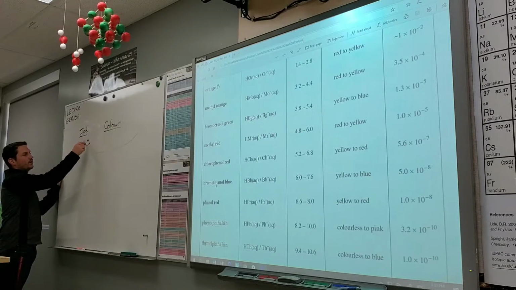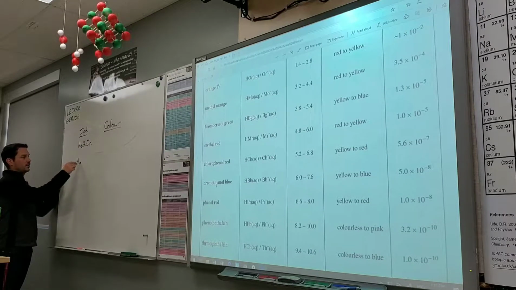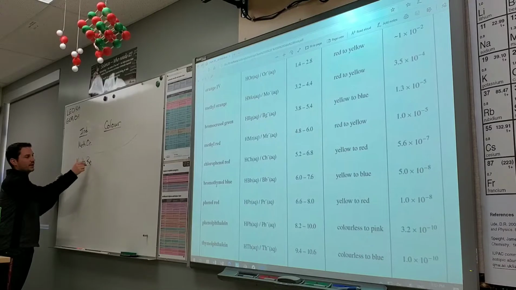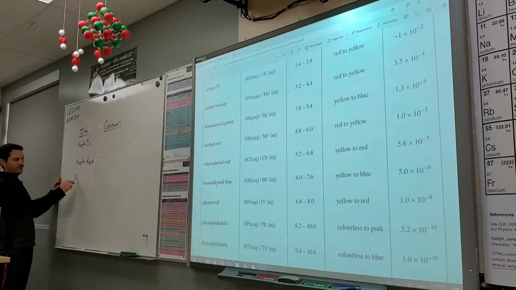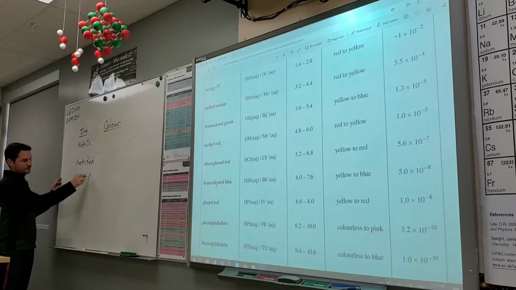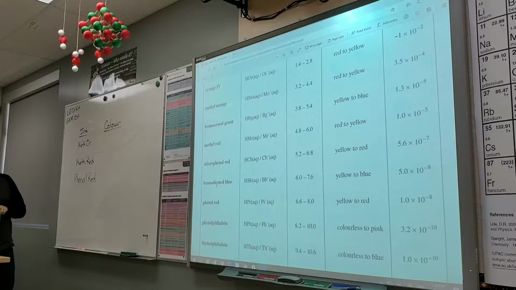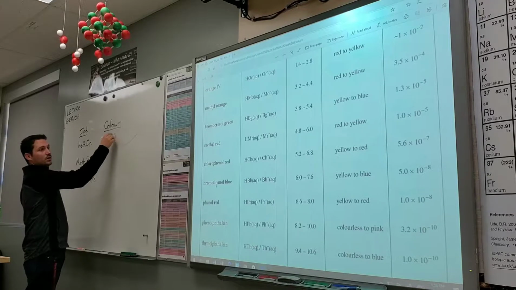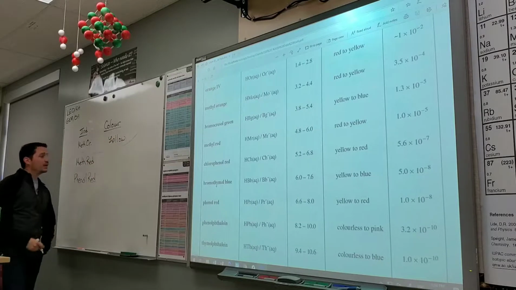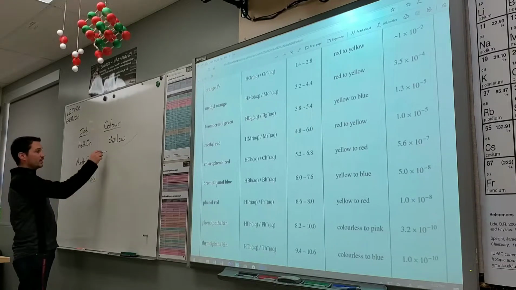So methyl orange, and then we're gonna take methyl red, and then we're gonna take phenol red. In methyl orange, it was yellow. In methyl red, it was yellow.